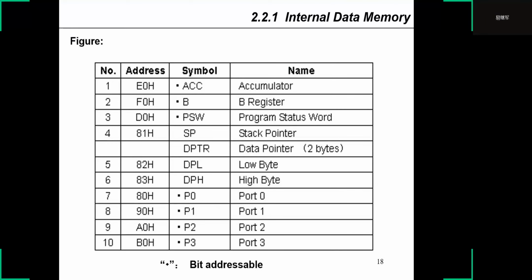So the accumulator, the B register, and the program status word are all memories. Yes, this is memory used for special functions: special function registers.